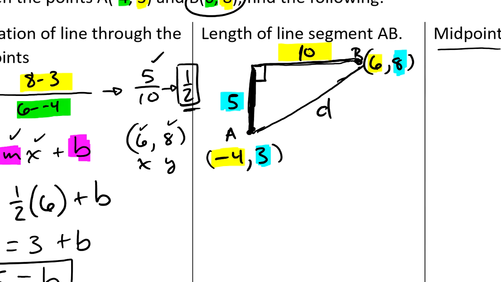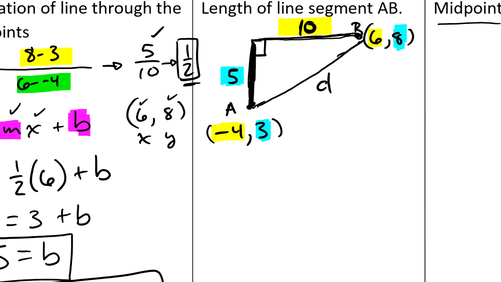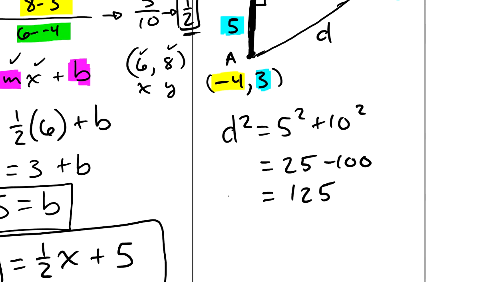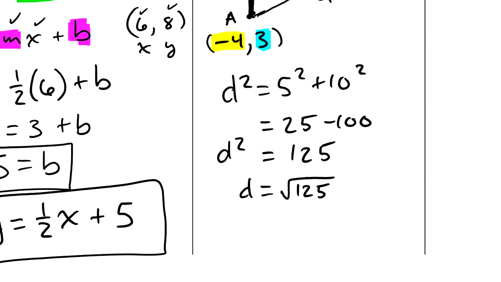So I know on this right triangle I have a leg that's 5 and a leg that's 10, so I can calculate the distance. The distance squared is 5 squared plus 10 squared, which is 25 plus 100, which is 125. So that's the distance squared. That means that the distance would be the square root of that number, the square root of 125.